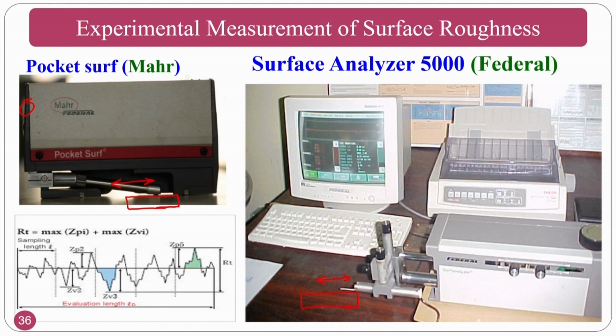In this Surface Analyzer 5000, it will normally give this type of profile, and from the profile you can get the value also, and you can get the profile also. That means you get a 2D surface profile. So now you are not only getting the value, but also the surface roughness along that particular line. That is called a 2D surface profile.